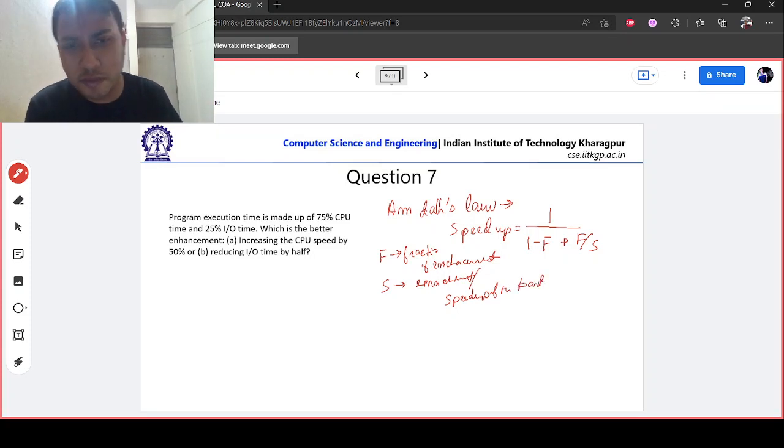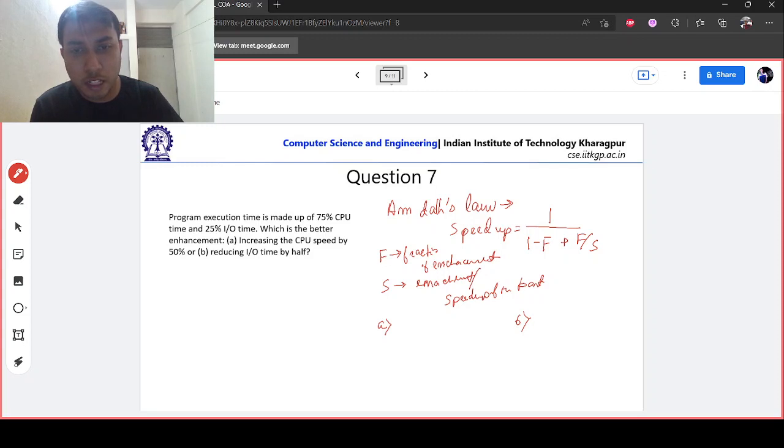Right? So here two schemes are given, scheme A and scheme B. Scheme A is increasing the CPU speed by 50%. The program has 75% CPU time and 25% IO time. So the first part says increasing the CPU speed by 50%.